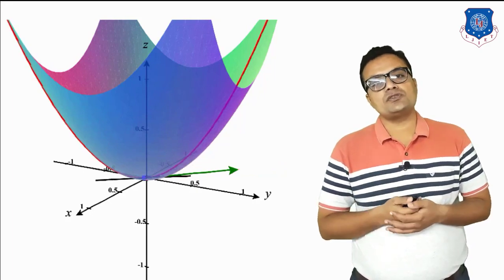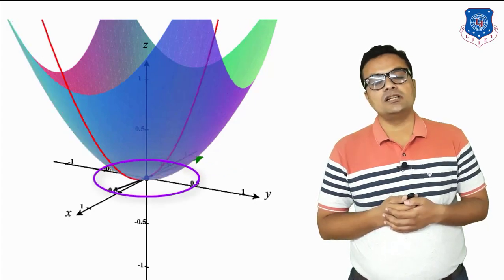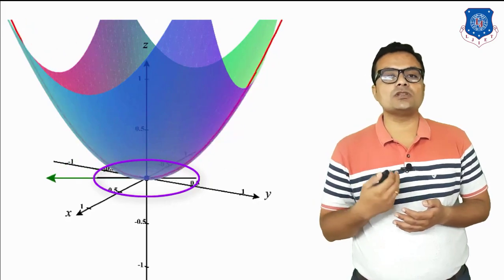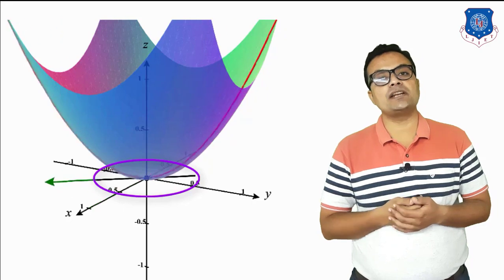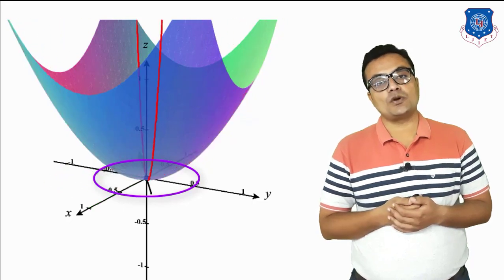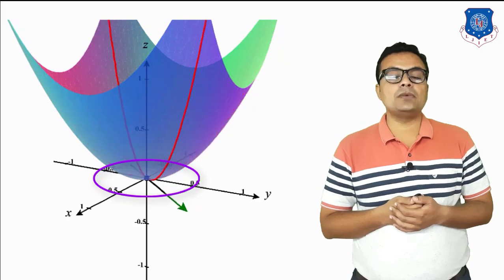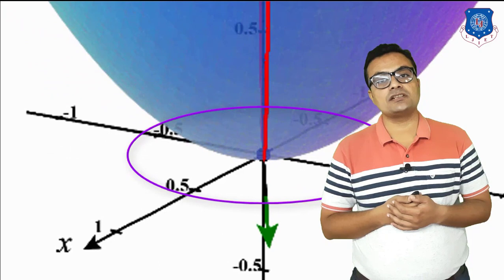So the natural question would be, how many such directions are possible? If we rotate this paraboloid x² + y², we can see clearly there are infinitely many directions to reach this point. With every direction there exists a black line, which in future is known as a tangent.